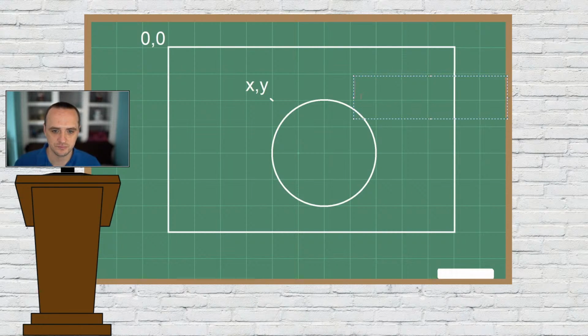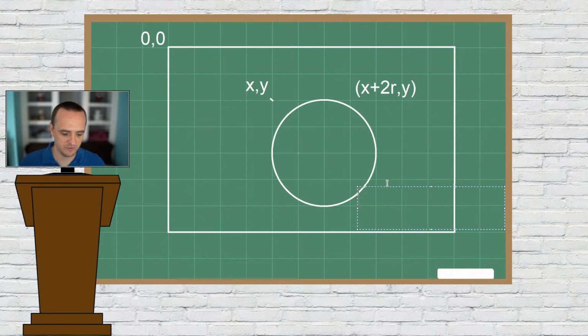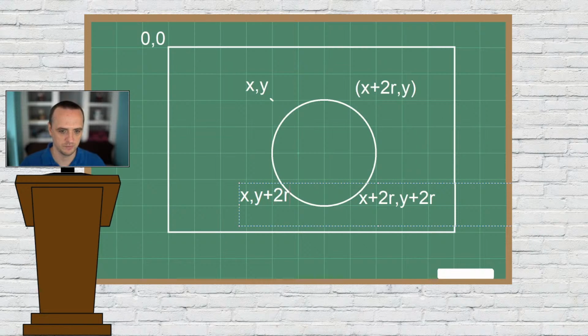So that would be X plus 2R, where R is the radius, and then the same Y. Down here, the bottom right would be X plus 2R, and Y plus 2R. The bottom left would be X, and then Y plus 2R.